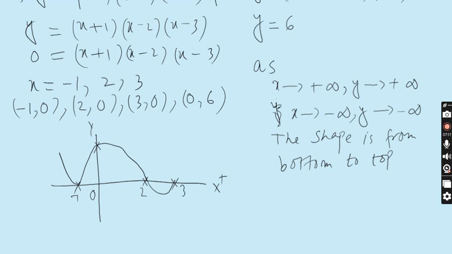Now, this is not the final answer, because we have to draw the graph of the modulus function and reflect the part of the curve which is below the x-axis. So this part from 2 to 3 is below the x-axis, so we have to reflect this part like this.